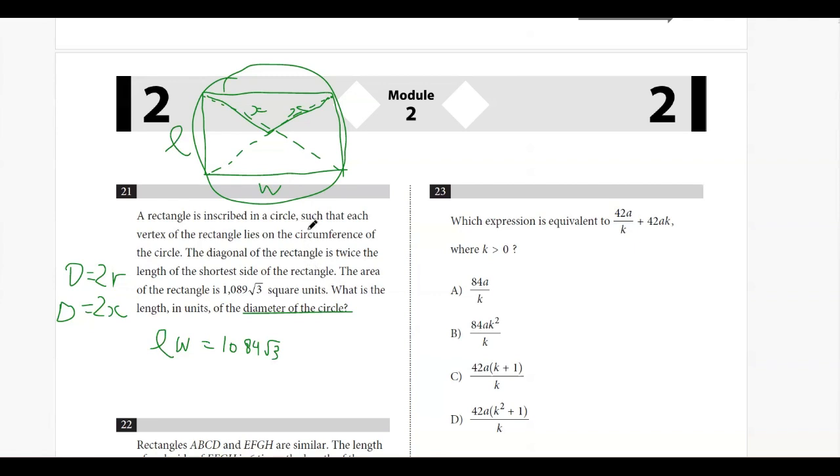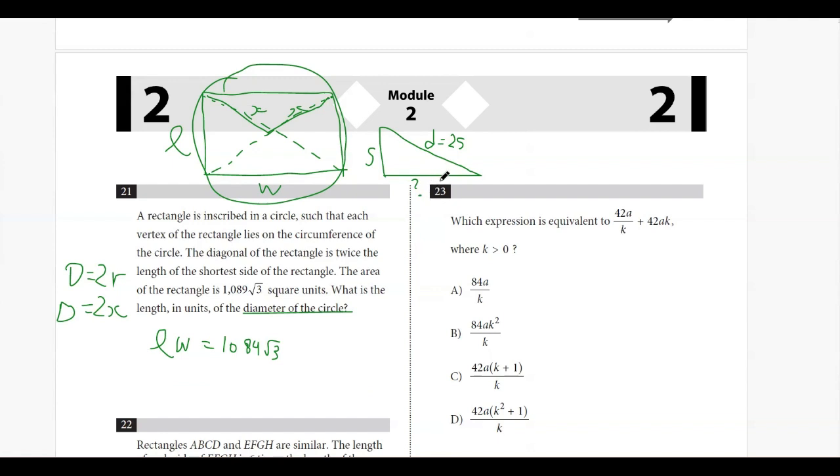So if I have a diagonal here, this is equal to twice the length of the shortest side. We can tell that this guy is the shortest side here, right? So D is equal to 2S. Now I need to solve for what this question mark is, because that will give me the length.